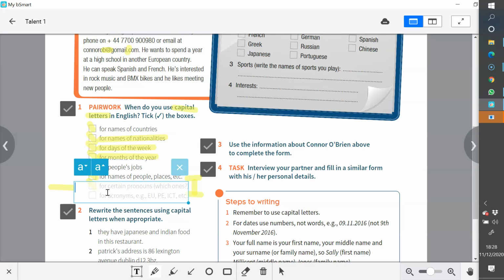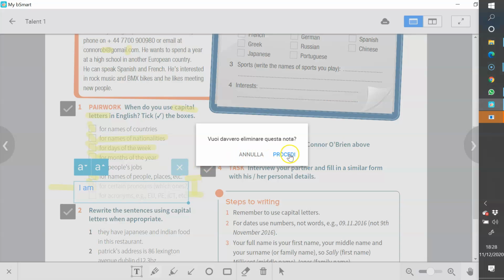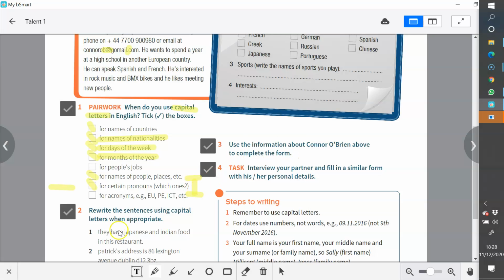You have to write, on the contrary, I am, with the capital I, even if it is in the middle of the sentence. So it doesn't matter if it is in the middle of the sentence. For acronyms, for example UE, ICT, etc. Yes, of course, we also use the capital letter for acronyms.